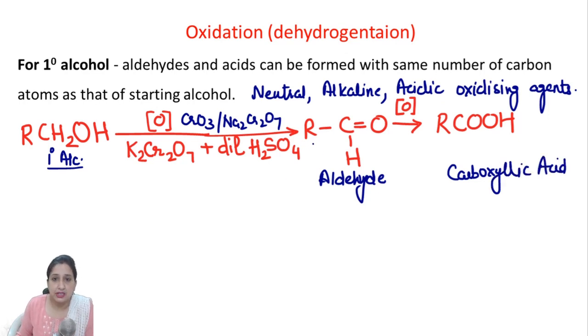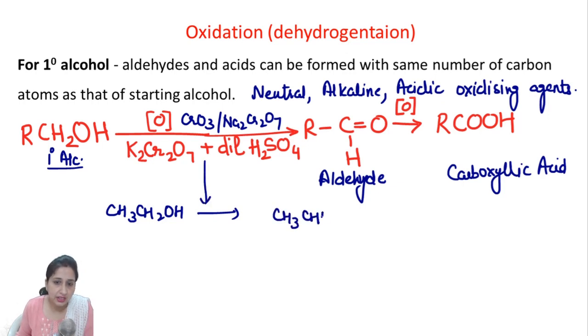Okay, but the main thing you have to remember in this reaction is that in case of 1 degree alcohols, both the aldehydes as well as carboxylic acids have the same number of carbon atoms as that of the starting alcohol. Means if we take the example of ethanol, with the same conditions, we will first get this product which on further oxidation will release this acid.